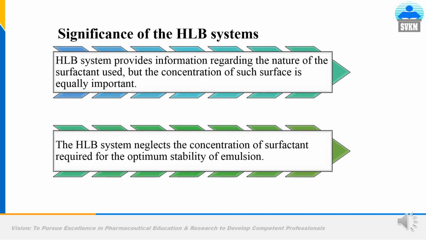If we want to stabilize an emulsion system, how much surfactant concentration is required is not provided by the HLB scale. It only gives an idea about the nature of the surfactant and its classification. So this is the significance of the HLB system.